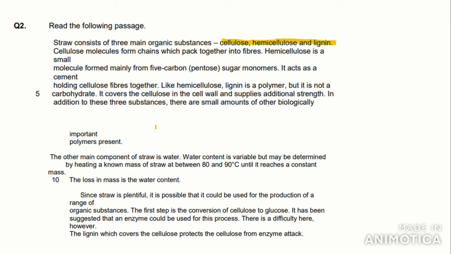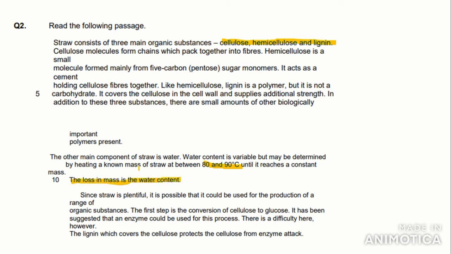In addition to these 3 substances, there are small amounts of other biologically important polymers present. The other main component of straw is water. Water content is variable, but may be determined by heating a known mass of straw at between 80 and 90 degrees until it reaches a constant mass. The loss in mass is the water content.